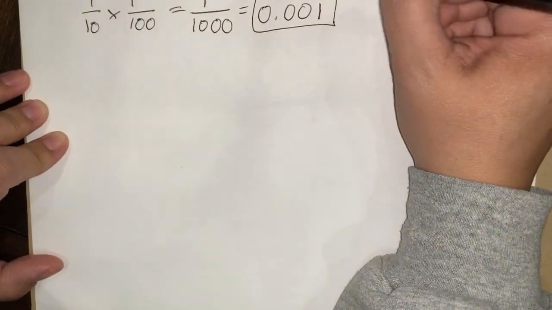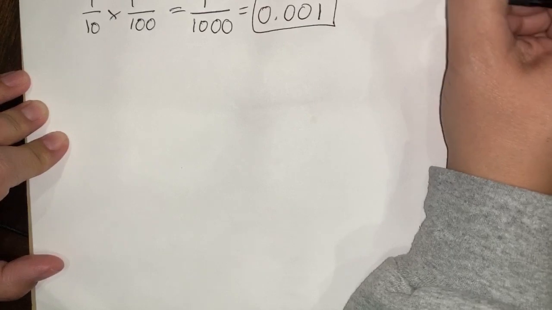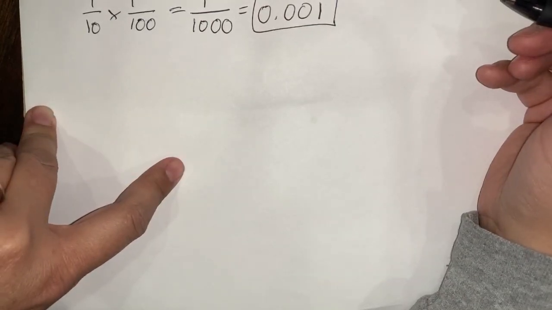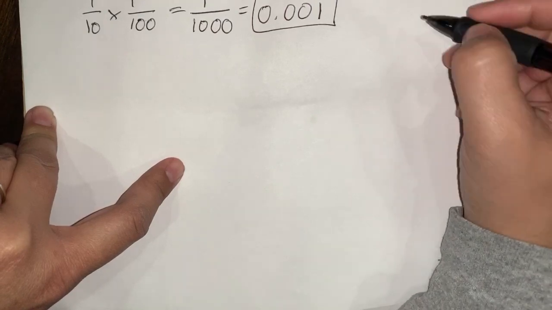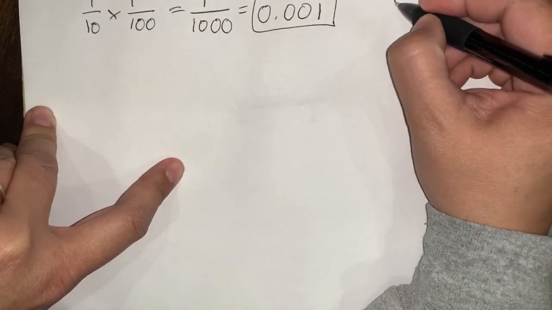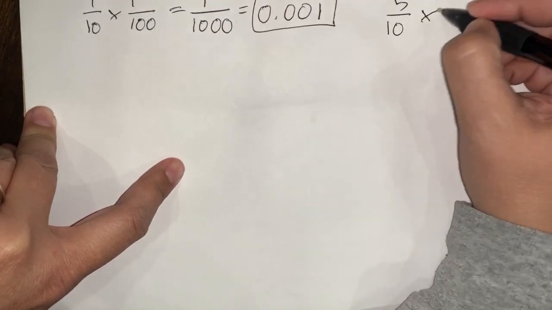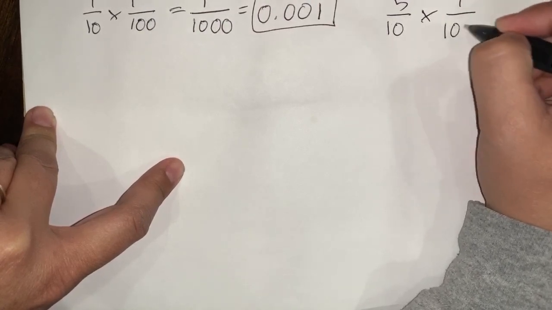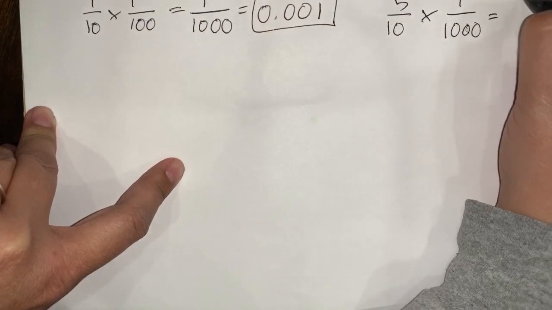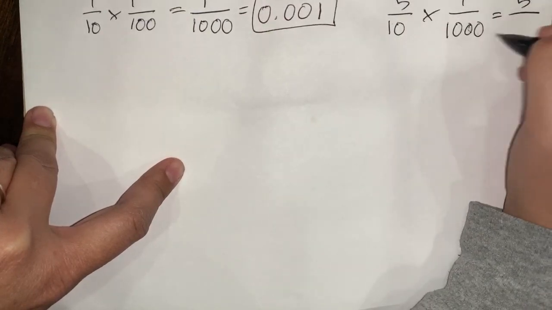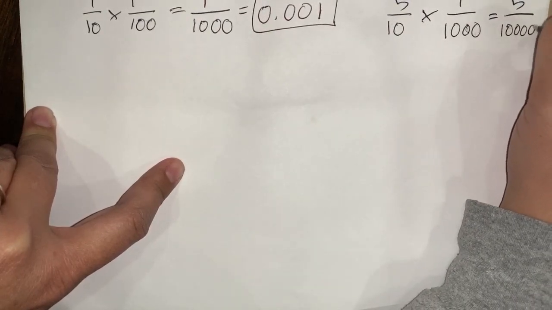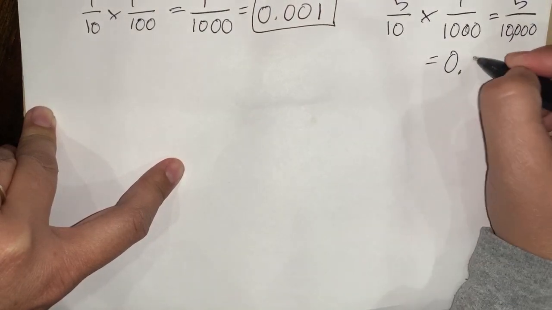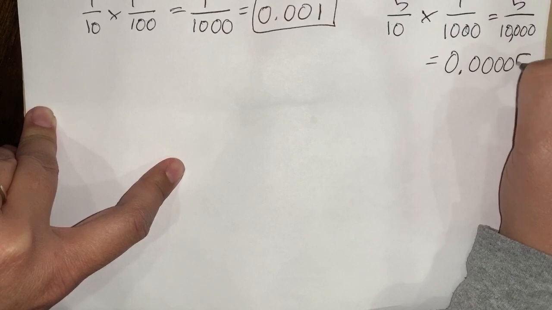Next one, we'll do 0.5 times 0.001. And we're going to write it as a fraction. So 5/10 times 1,000th equals 5 10,000ths. Okay, and then as a decimal, 1, 2, 3, 4.